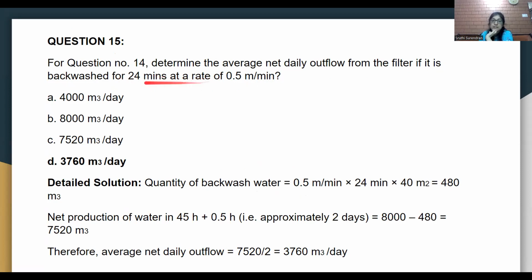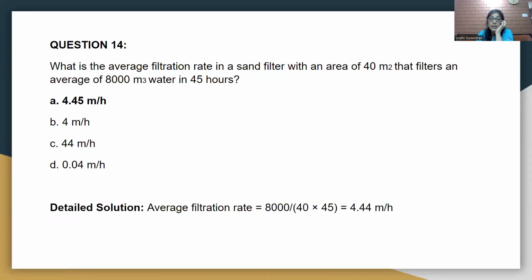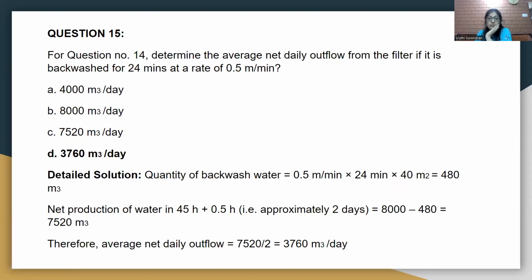When you multiply these two values, 0.5 by 24, you will get the depth of water that is being backwashed. The area is given in the previous question: 40 meter square is the filter area. So multiplying by the area of the filter, we'll get the volume of water that is being used for backwashing.